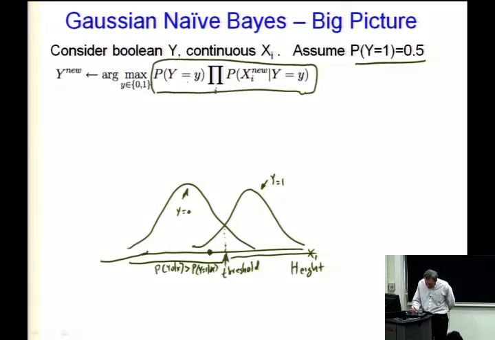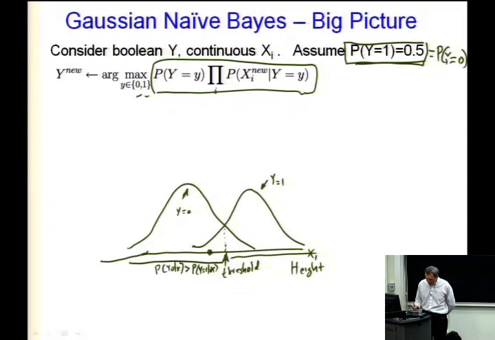What's greater? This quantity when I plug in y equals 0, or this quantity when I plug in y equals 1? Okay, so to get this quantity, I have to multiply two numbers. One of them is this, which of course also equals the probability of y equals 0, because they have to sum to 1. So that number is going to be 0.5 in either case.